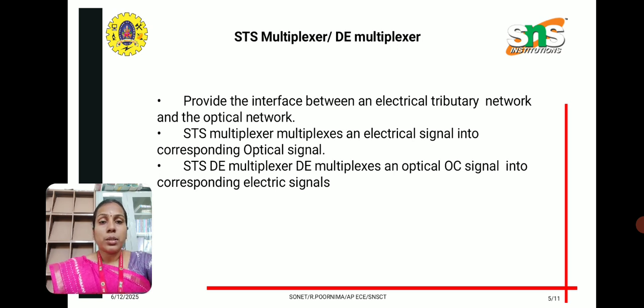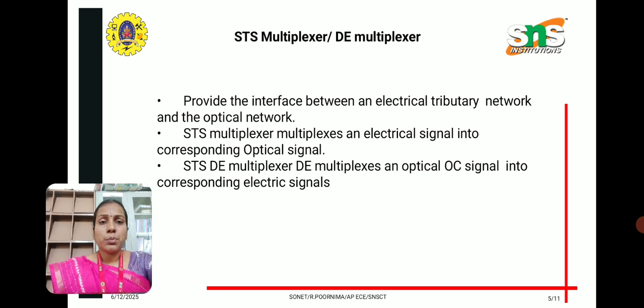It means the multiplexer is used for combining many electrical signals, and the corresponding optical signal is generated. So it multiplexes many signals, and in the STS demultiplexer, an optical OC signal is converted into the corresponding electrical signal. So here it includes both conversion and multiplexing and demultiplexing.